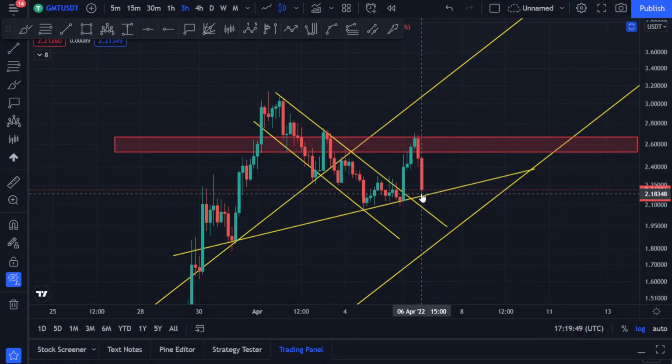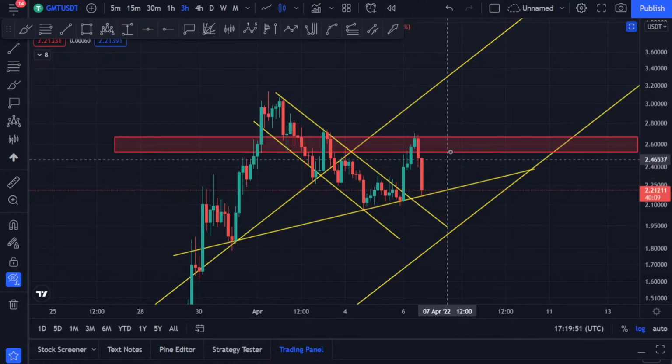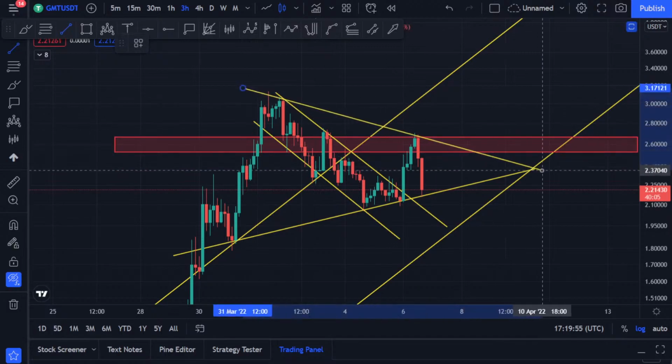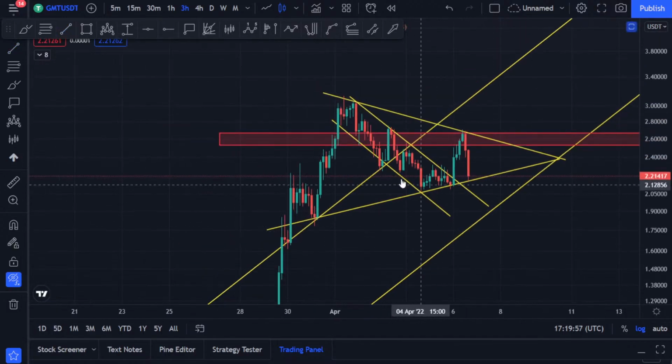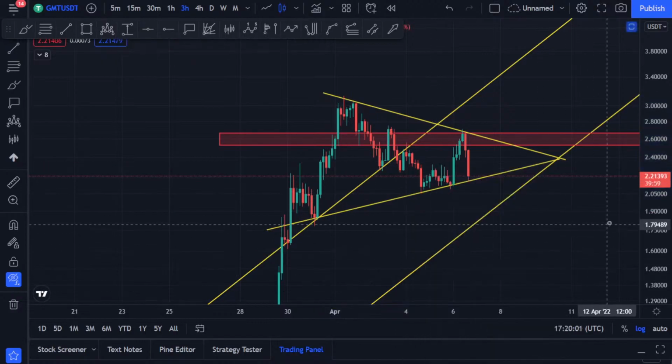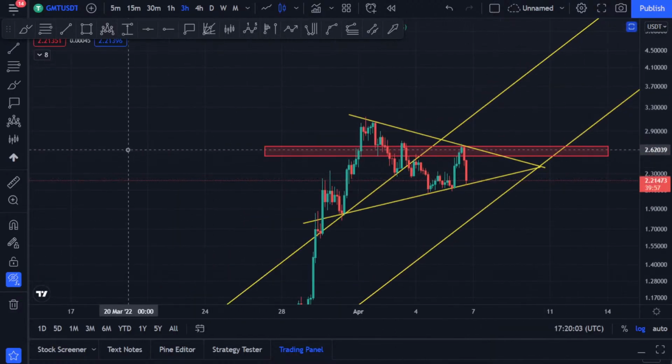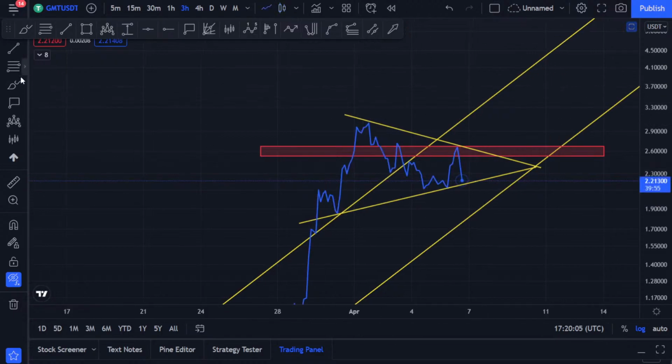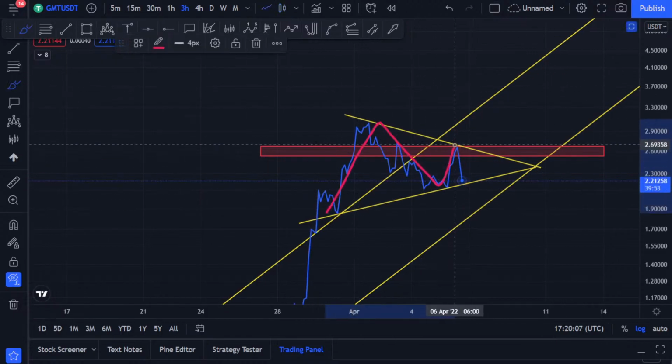Now, if this can become a support and movement can be towards the upside, that would be amazing, because GMT is going to start making this symmetrical triangle formation. If you remove this and bring up the line graph, you can see this formation being made.